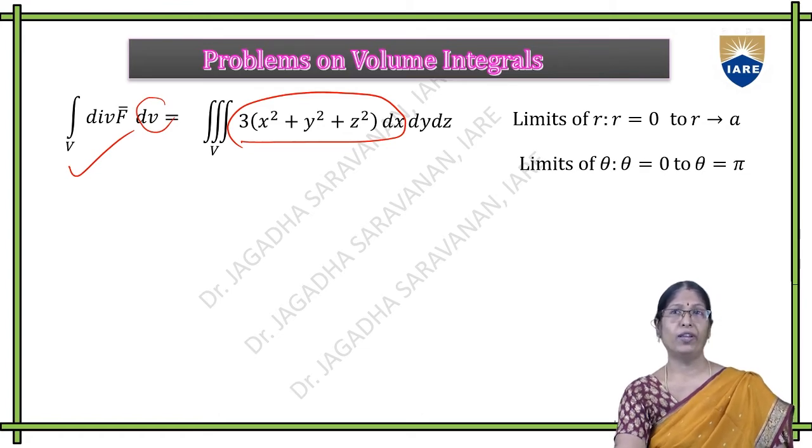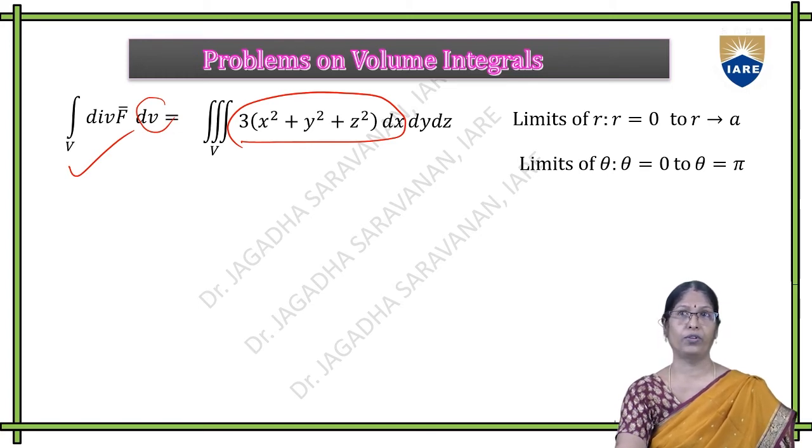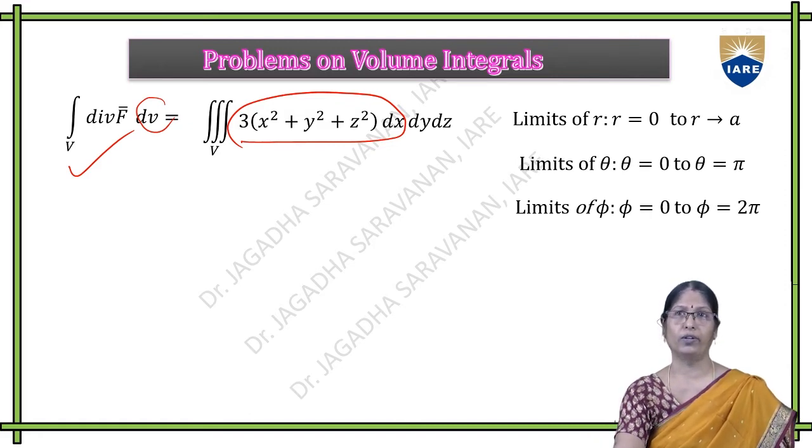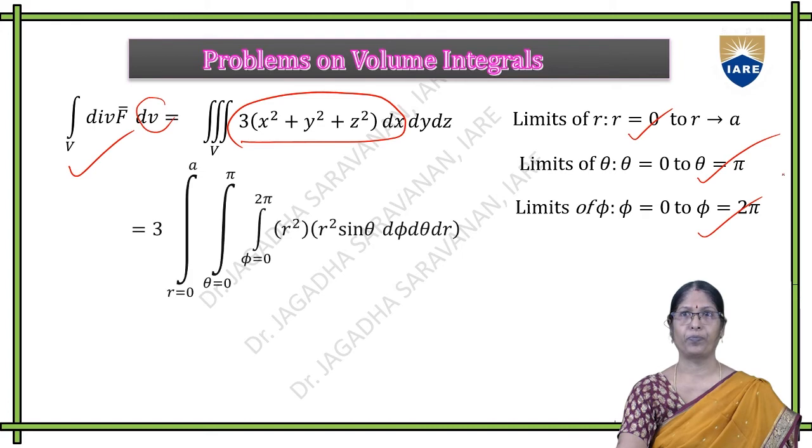Mostly when a sphere or circle is there, we are more comfortable going to polar form. The radius satisfies x square plus y square plus z square equal to a square, as given in our question. So r goes from 0 to a, in spherical coordinates theta, the angle, goes from 0 to pi, whereas phi goes from 0 to 2 pi.